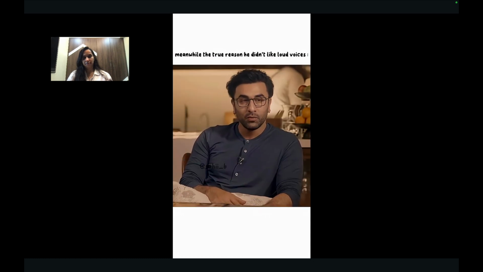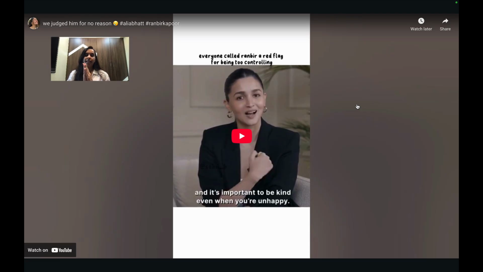And that's not easy. Here you see how Ranbir Kapoor has faced abuse from his father. So even if someone like his wife or someone close to him uses any kind of loud voice, it triggers him. It doesn't allow him to trust the space or the person, and hence the relationship gets affected.